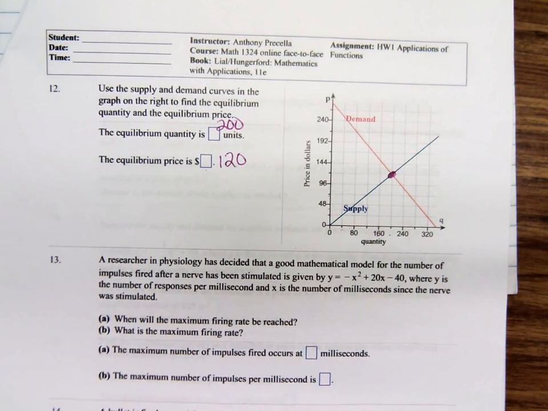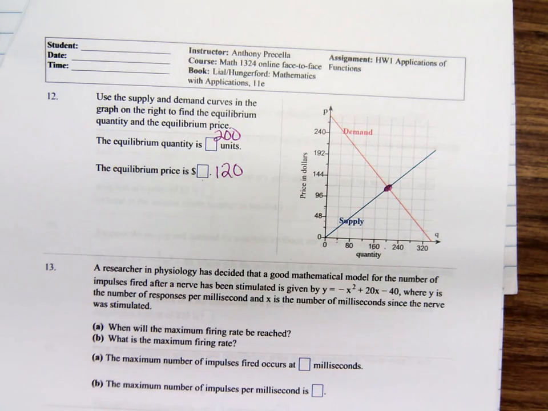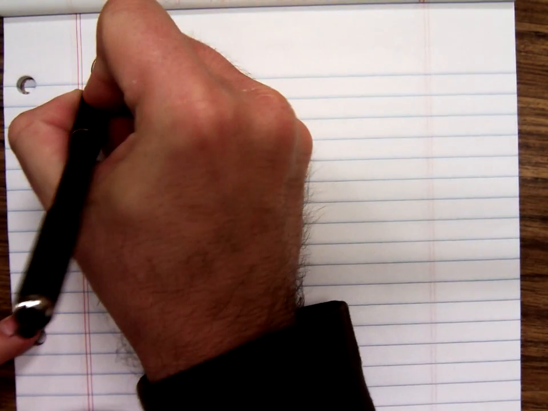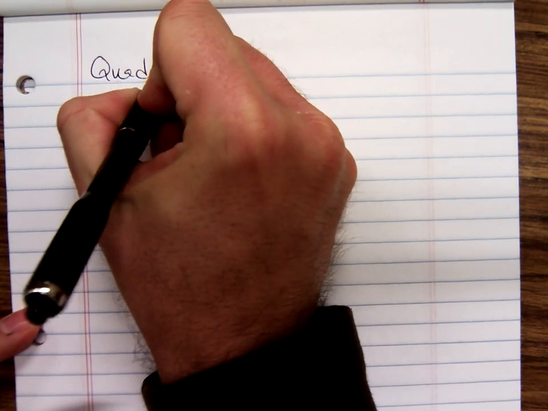Now, that was linear functions. Somewhere along your life, you would have looked at quadratic functions. A quadratic function has an x squared in it.